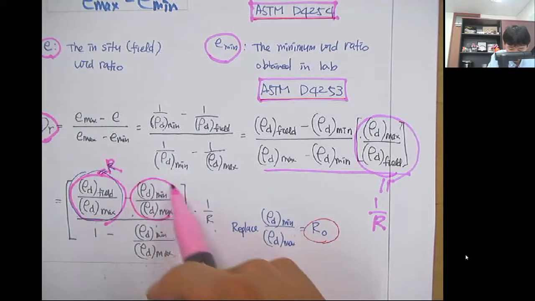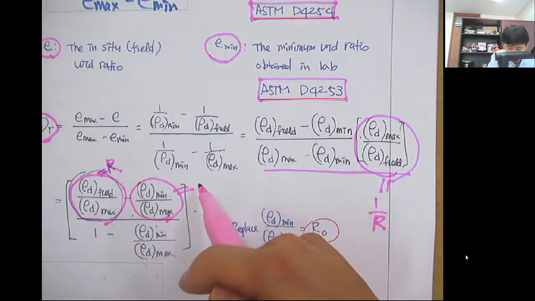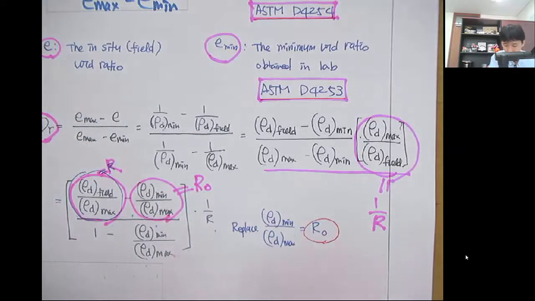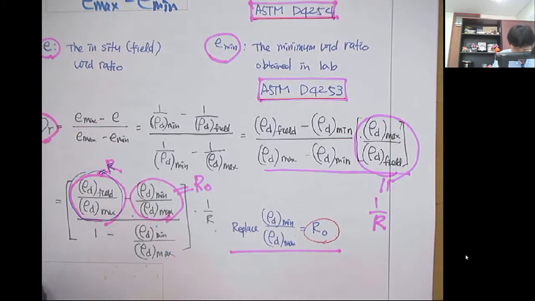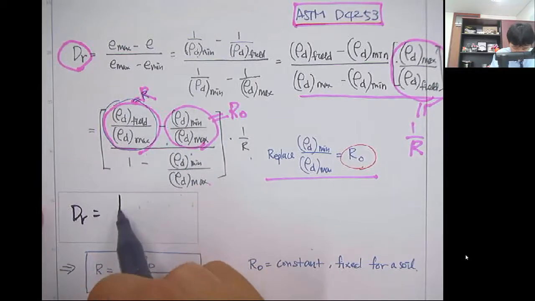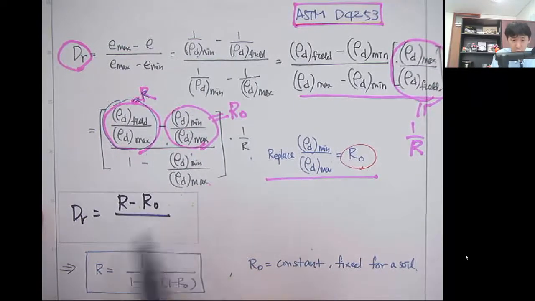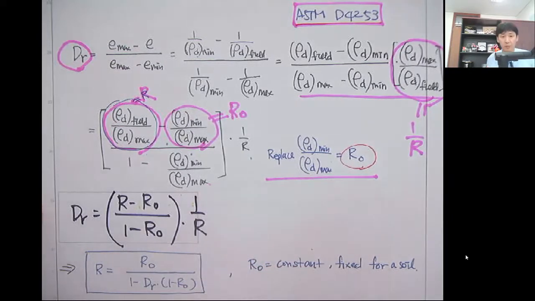We can also replace the minimum dry density over the maximum dry density with R naught. Then the equation becomes much simpler. So Dr is R minus R naught over 1 minus R naught, times 1 over R.